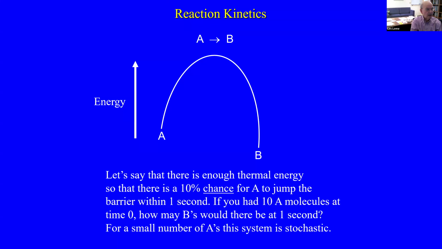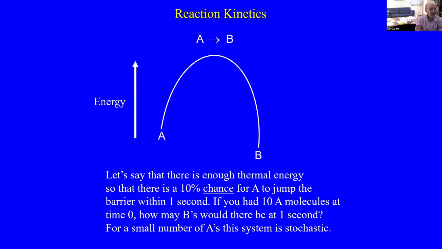The size of that energy barrier before it can transition from A to B is called the transition energy. And the higher that barrier is, the slower the reaction is. So let's say that there's enough thermal energy to get over that barrier, but with a 10% chance every second.